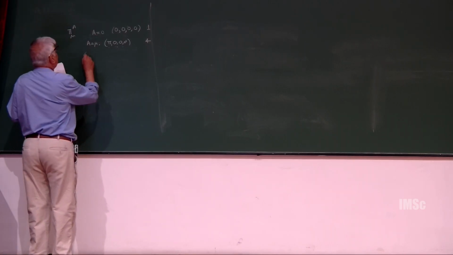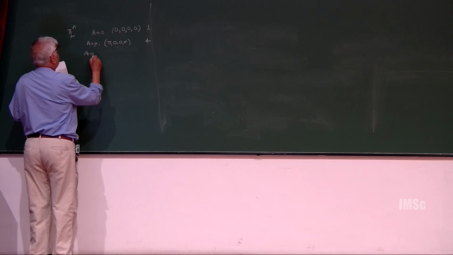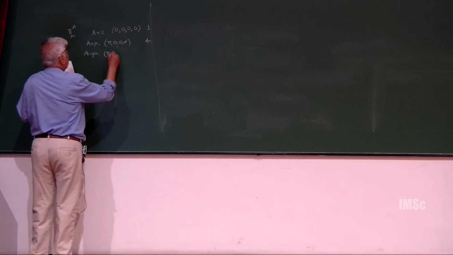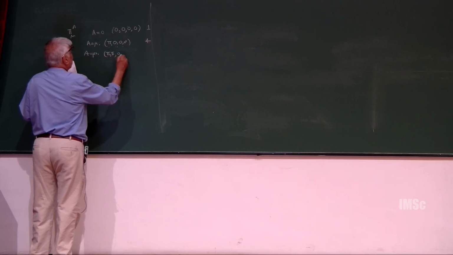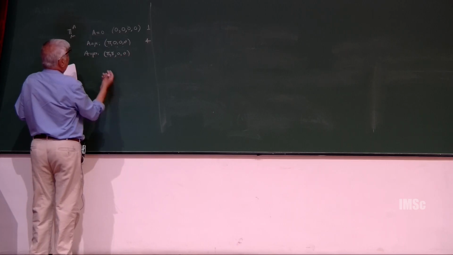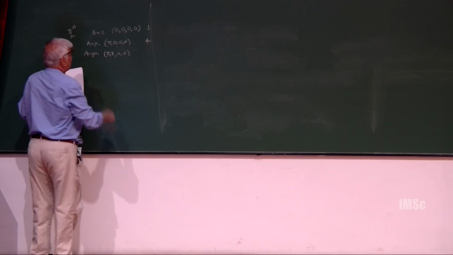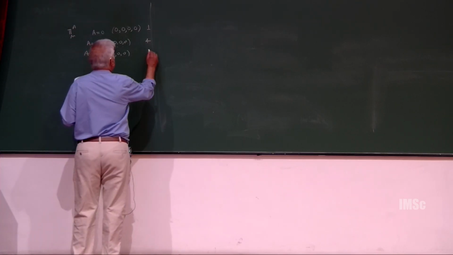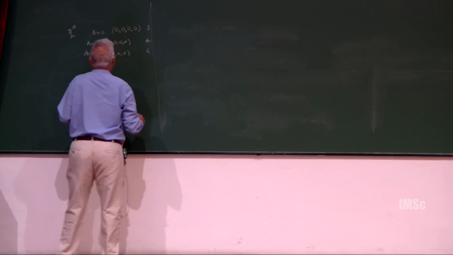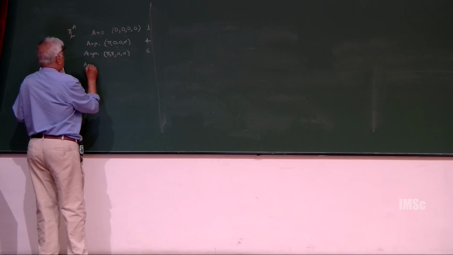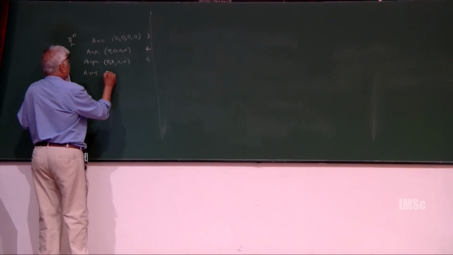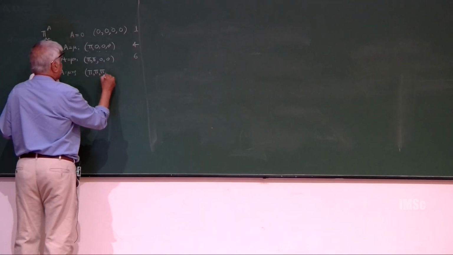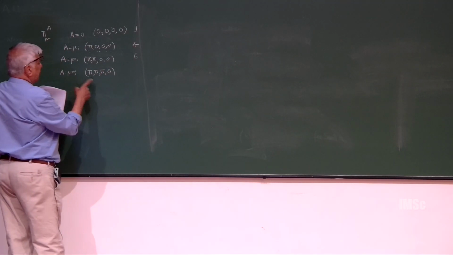Next I can consider what may be labeled as mu nu. So you can have pi in 2 places, and there are 6 ways of choosing 2 positions out of 4, so you have 6 of these. Then you can have mu nu rho, where you can have pi in 3 places, and there are only 4 of them.